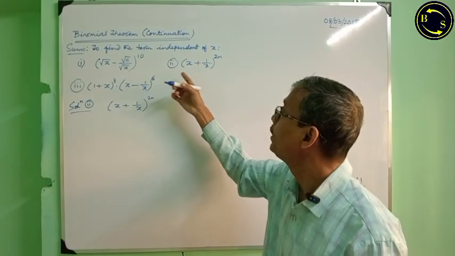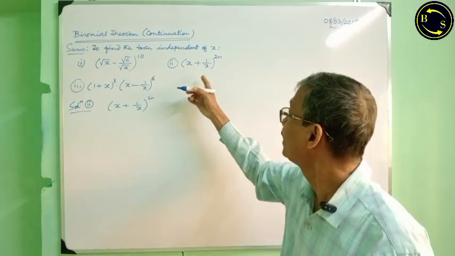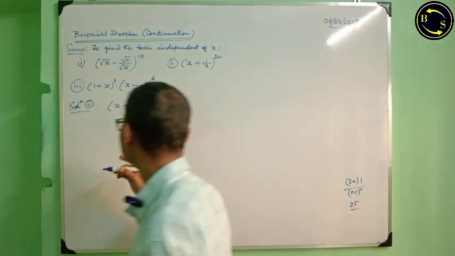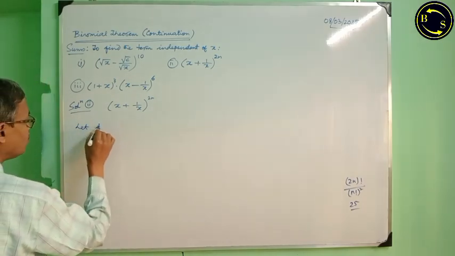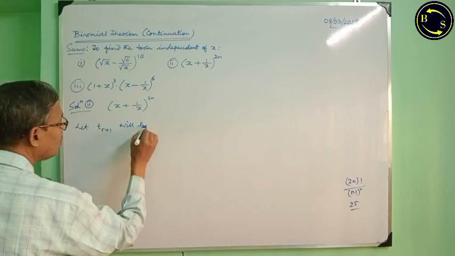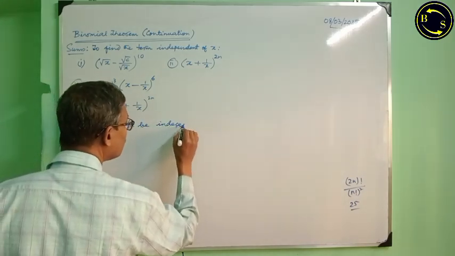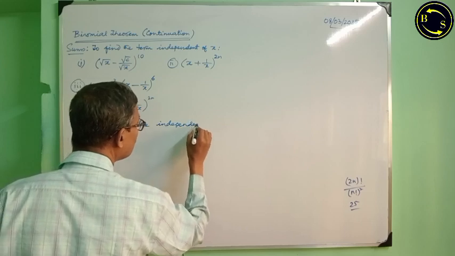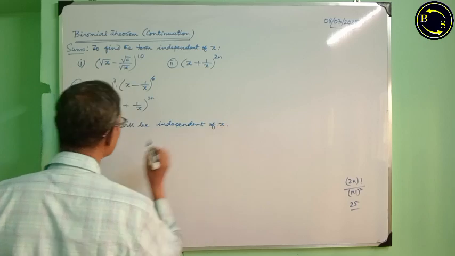we have to find the term independent of x here. x plus 1 by x whole to the power 2n. Starting will be same. Let t r plus 1 be independent of x.